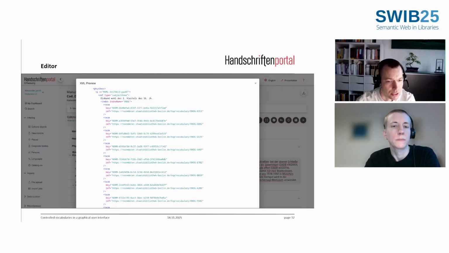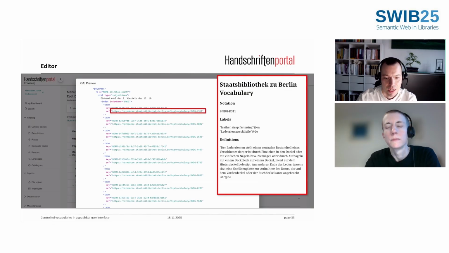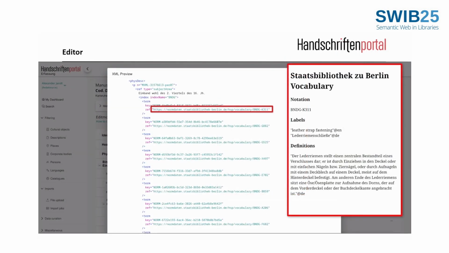Each concept has a URI, and following that URI, you get to our authority file server. And following that URI will show you our notation, label, and definition of the concept. Next slide, please. Yes. This assures that our descriptions of the Handschriftenportal are accessible to the semantic web.